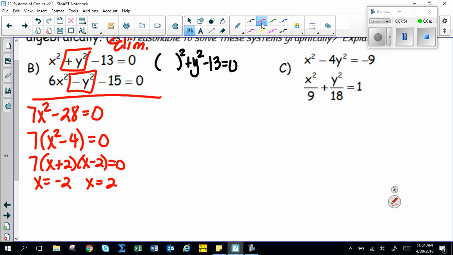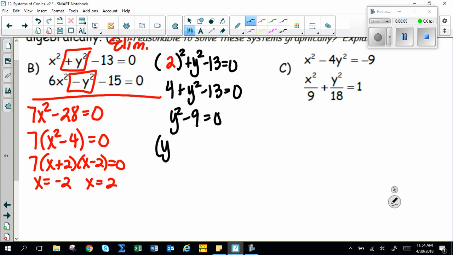And first I'm going to plug in my +2. All right, so this gives me 4 plus y squared minus 13 equals 0. Or y squared minus 9 equals 0. So this factors to y plus 3 and y minus 3. So y equals -3 and y equals +3.